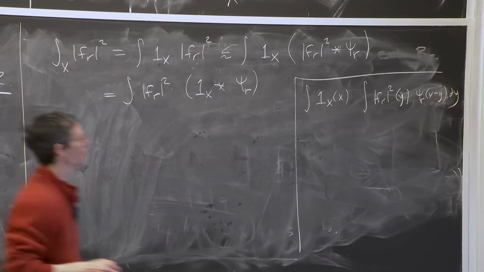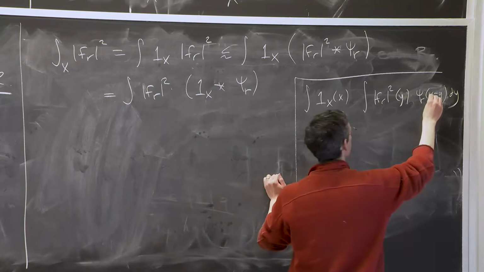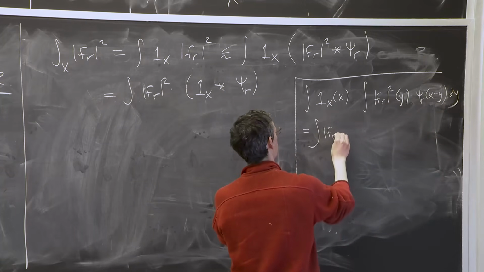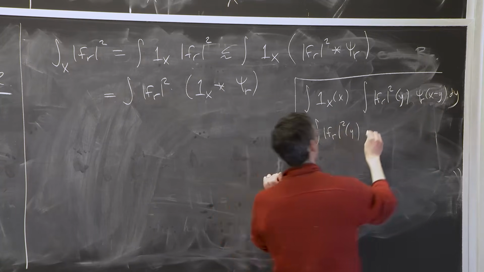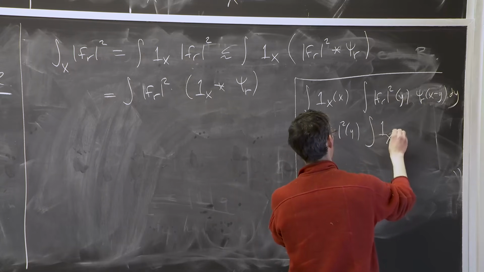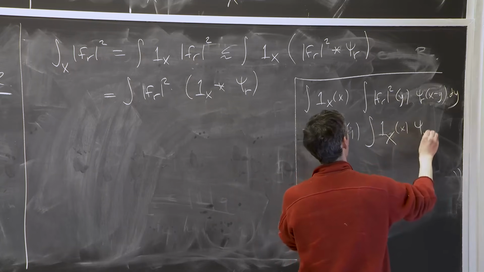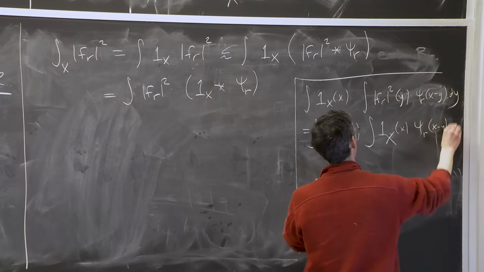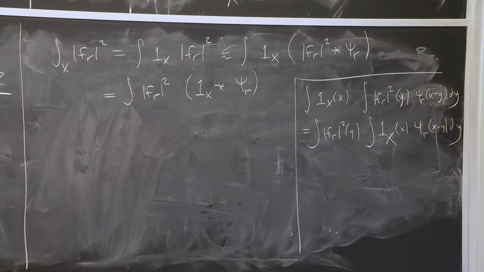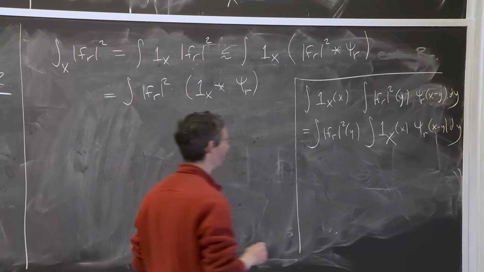OK, so now what happens if I Fubini that? That's the integral fr squared of y, integral of 1x of x, cr of x minus y dy. OK, it doesn't look quite right yet.